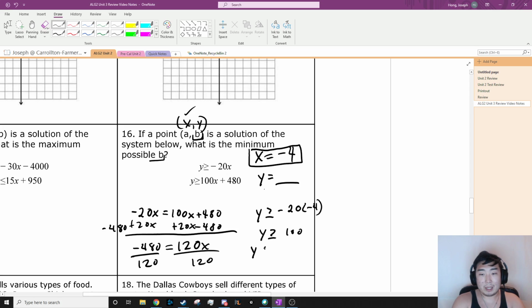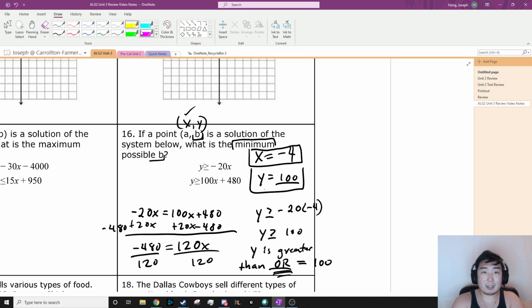If I say y is greater than or equal to 100, really my lowest value, which is also known as minimum, is 100. So this is your final answer right here.